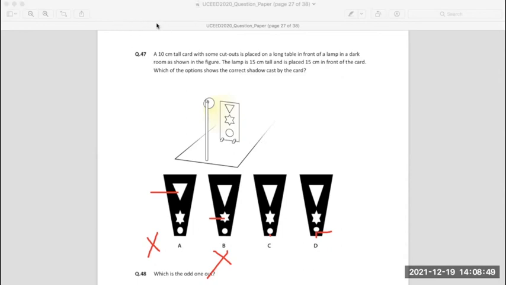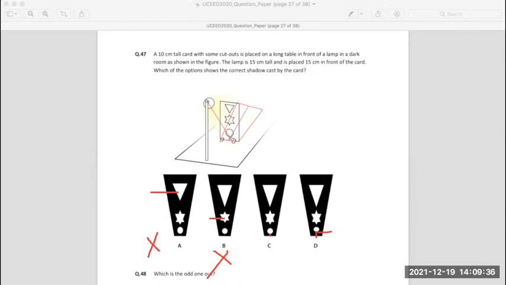For example, let me try drawing this. From this point light source, if the shadow is going to fall off that edge, naturally the distance is smaller.